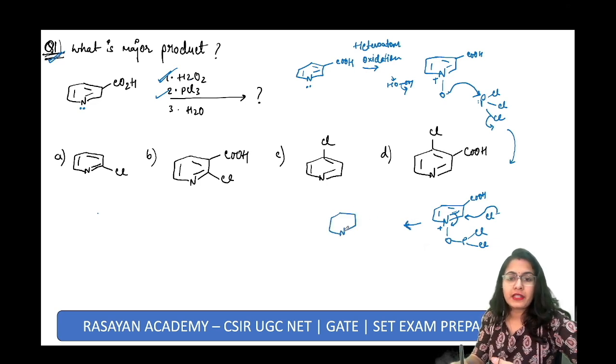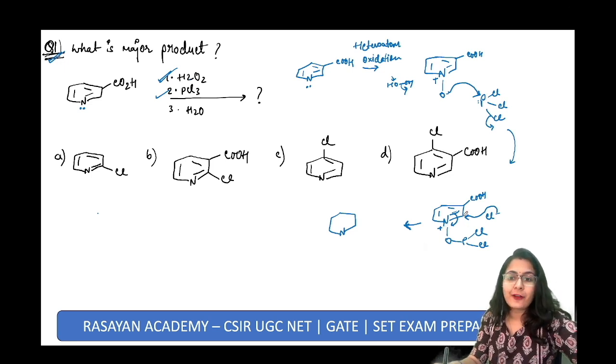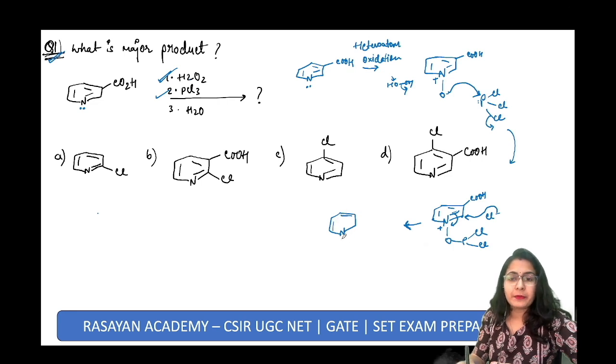So what just happened, guys, is that when the nitrogen becomes positive, pyridine is going to face the attack on the adjacent carbons to nitrogen. Why? Because nitrogen itself cannot accommodate one more atom, because it does not have enough vacant orbitals. That is why it is going to make the adjacent carbons more electrophilic.